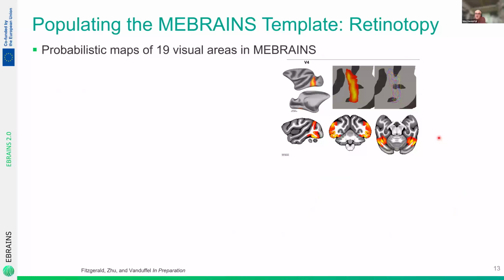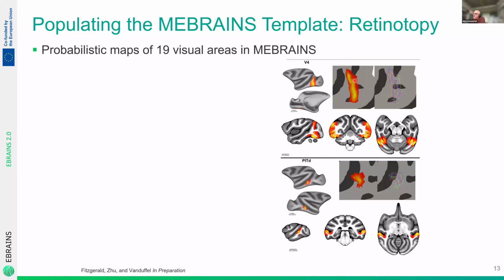Of course, you can do that in many areas. This is, for example, V4. These are the individual outlines of all the subjects for V4. It becomes more variable, so the yellow range, the 50% probability estimate of V4 in MEBRAINS, becomes a bit smaller than what you saw in V1.